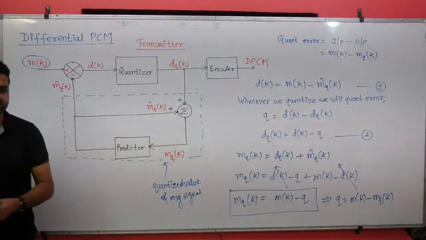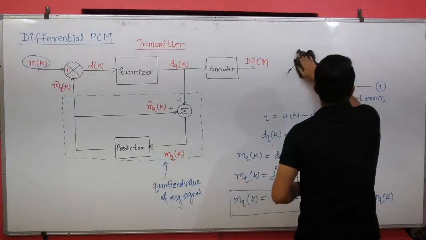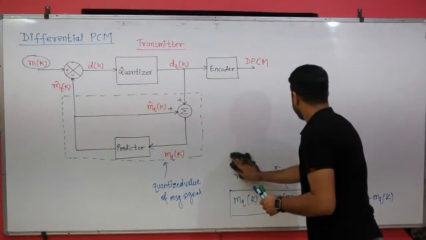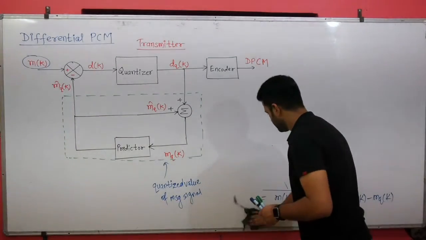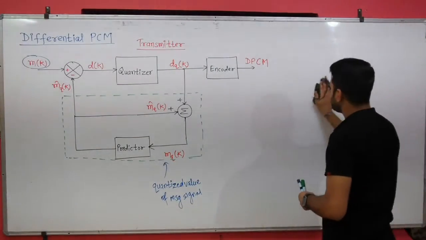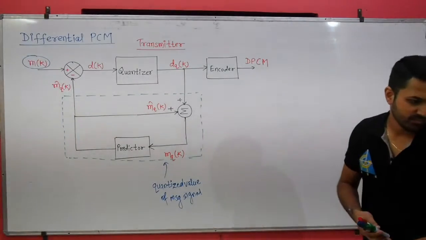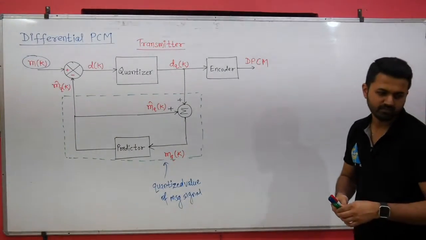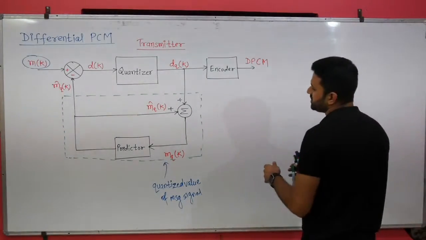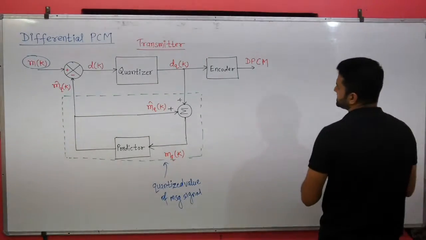So let's draw the receiver block diagram. Error we cannot remove; quantization error will always be present and it doesn't matter. Quantization error is not a big issue.